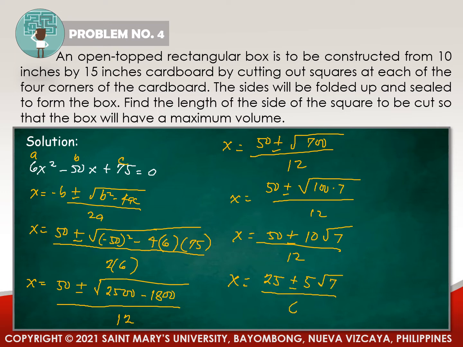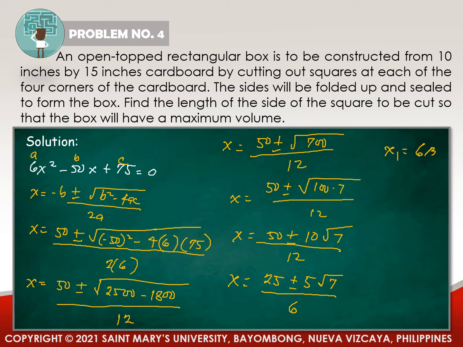all over 6. Okay, and then you can now use your calculator. So we have 25 plus 5 square root of 7 divided by 6, which is equal to, so our first x, if it is plus, is equal to 6.37.